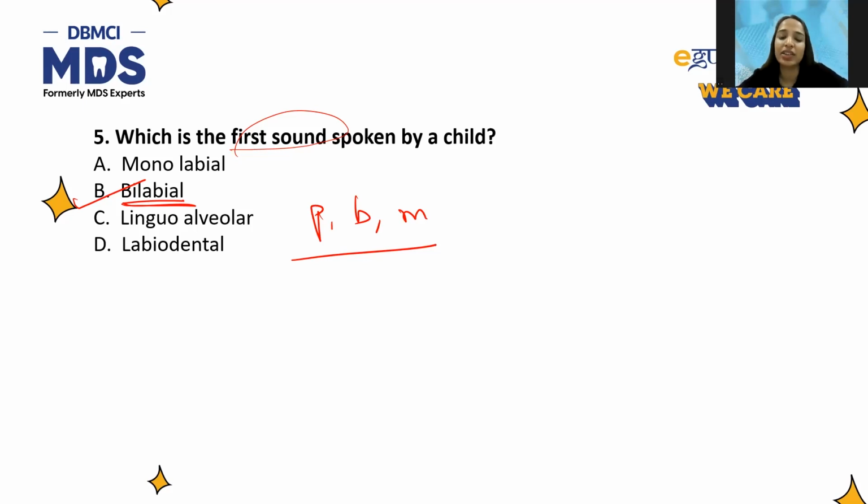That is an age-old repeat question that is still continuously asked. Now I see the focus has shifted from that to bilabials in this particular exam, but generally this is something that all of you should know. Phonetics in complete denture: if you're preparing for your exams, please pay good attention to phonetics.